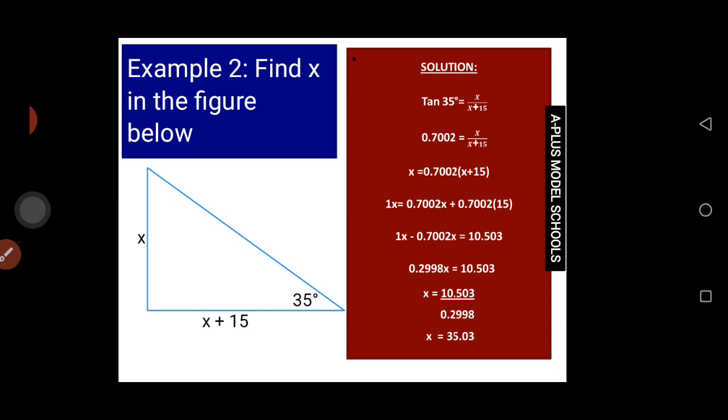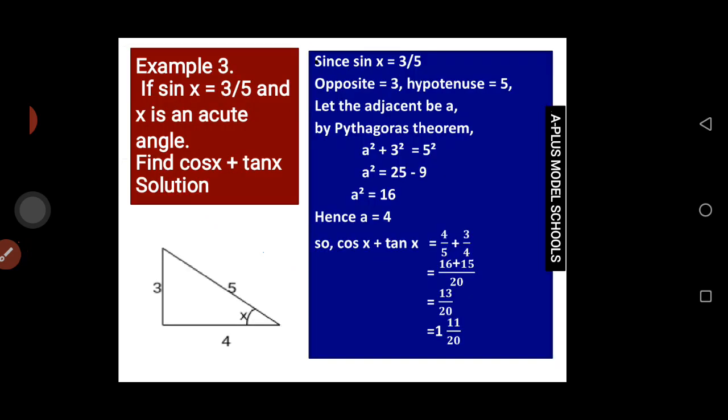When you subtract, you have 0.2998x is equal to 10.503. Then divide both sides by the coefficient of x, which is 0.2998, and that will give you 35.03.